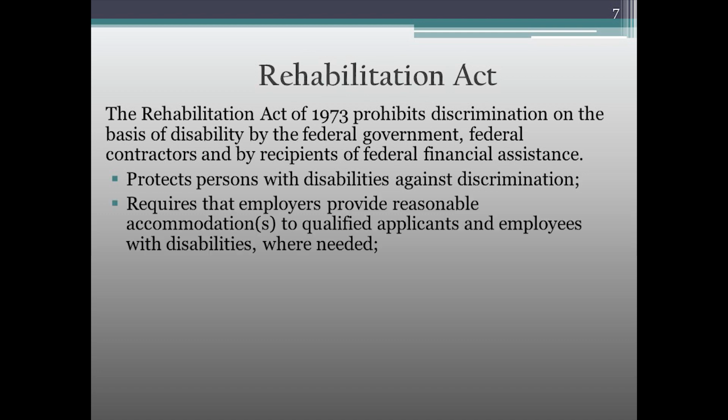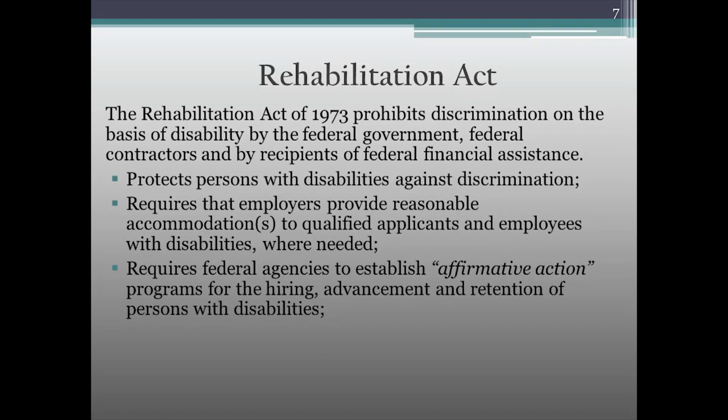It requires employers to provide reasonable accommodations to qualified applicants and employees with disabilities where it is needed. So, not only employees in allowing them to perform the essential functions, but also applicants if they need to have access to the application process, if they need to have access to interviews. The Rehabilitation Act covers them and makes sure that they are provided those reasonable accommodations.